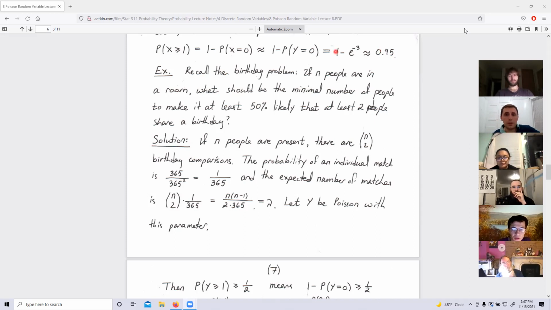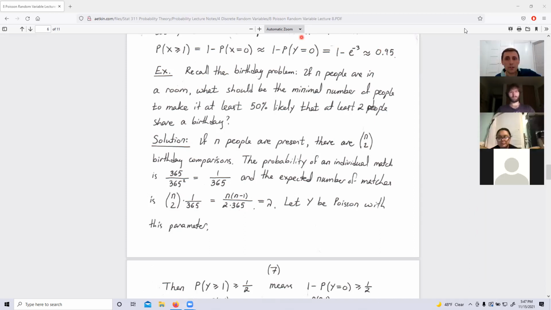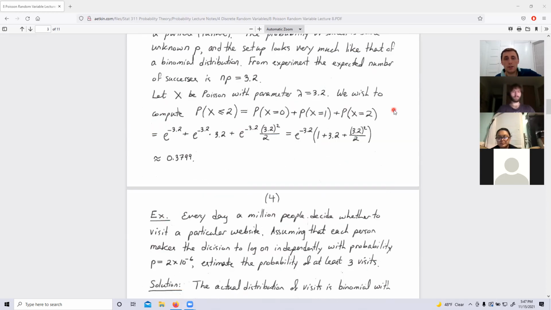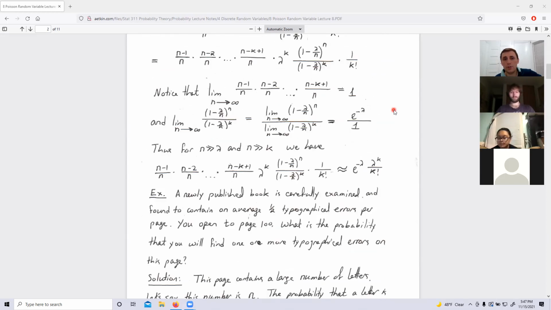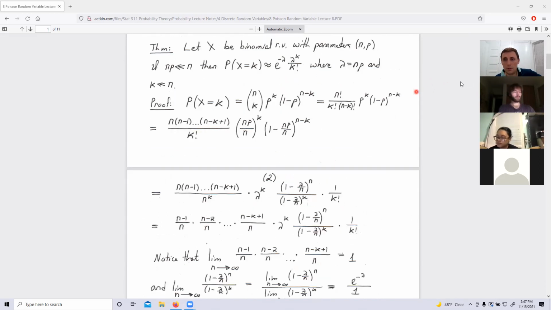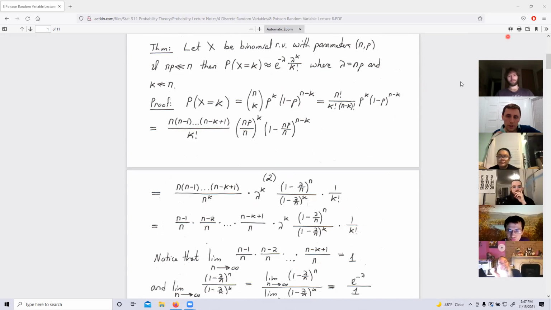So the most important part here is just that the Poisson is a good approximation to the binomial, and to see this derivation. Do you want me to go over the derivation again, or do you more or less have the sense of how to do it yourself?